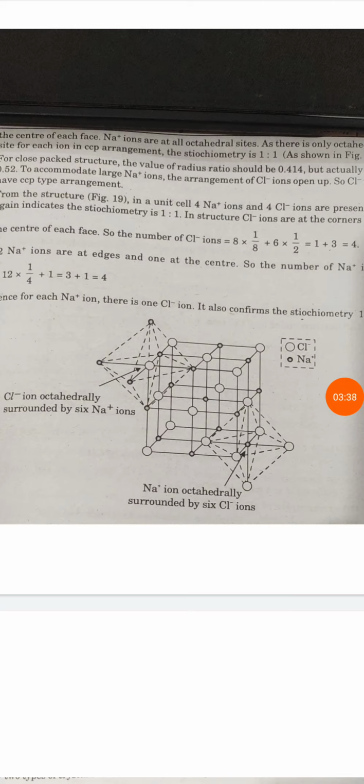In the structure, chloride ions are at the corners and at the center of each face. So the number of chloride ions we can calculate: 8 multiplied by 1/8 plus 6 multiplied by 1/2, that is 1 plus 3, equal to 4.